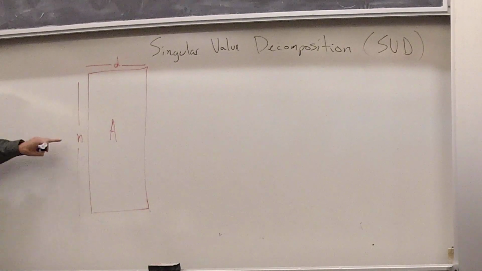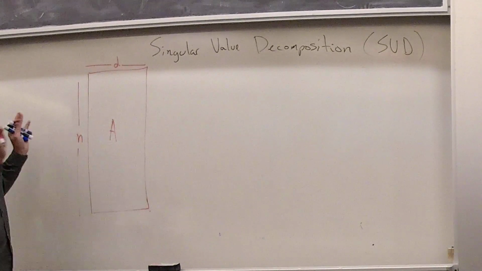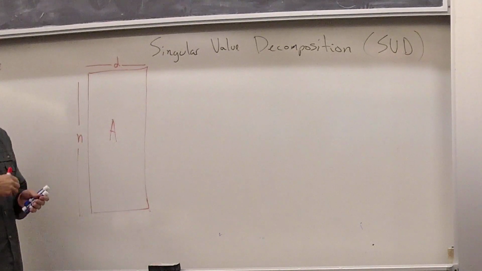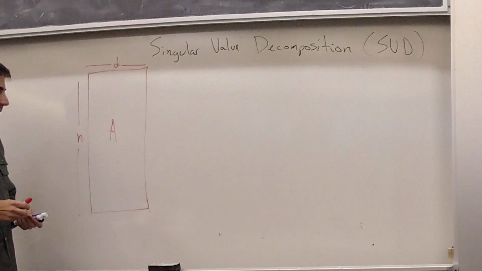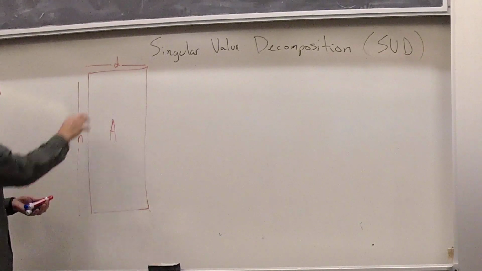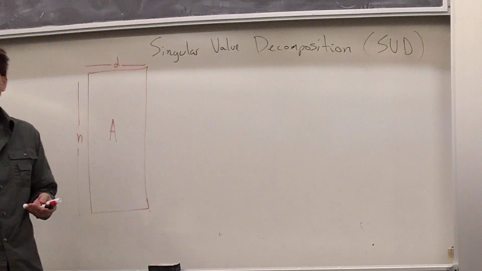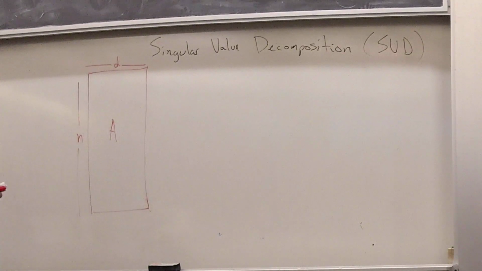Everything works fine if you have more columns than rows; everything is symmetrized in some way. Just the dimensions change, but everything still makes sense. You can swap the roles of the rows and the columns.